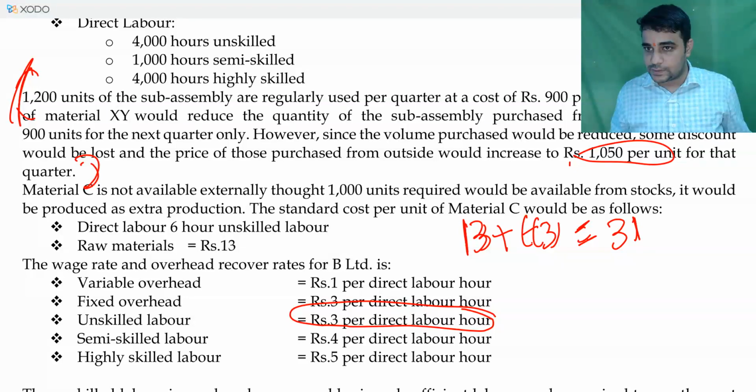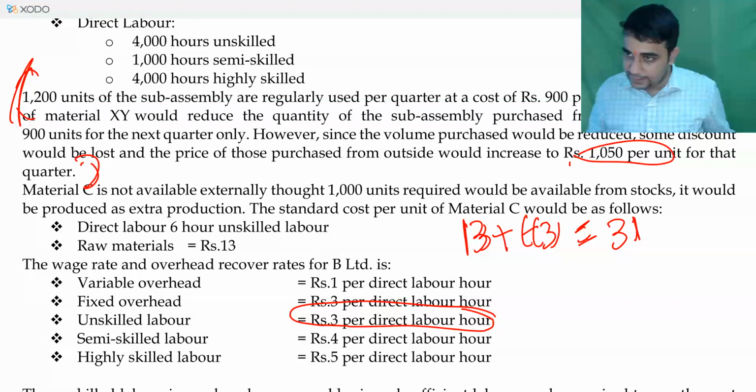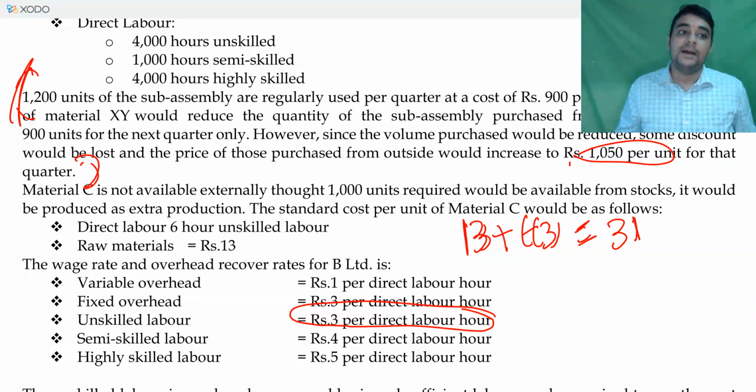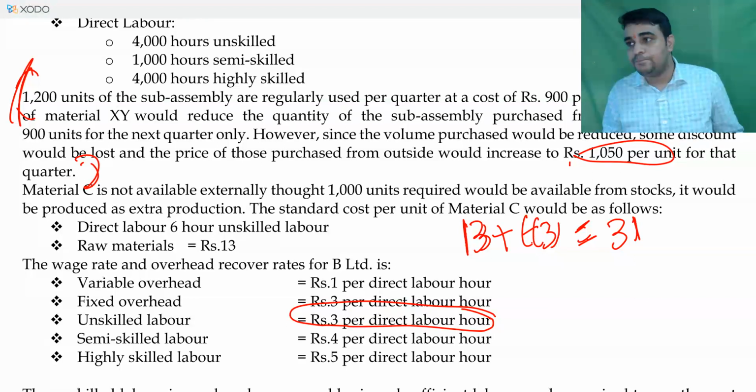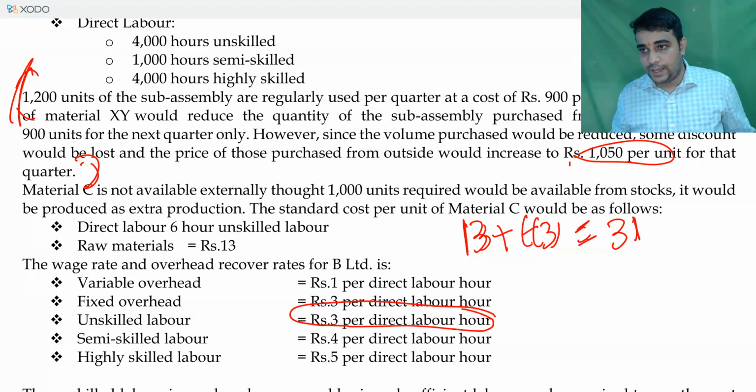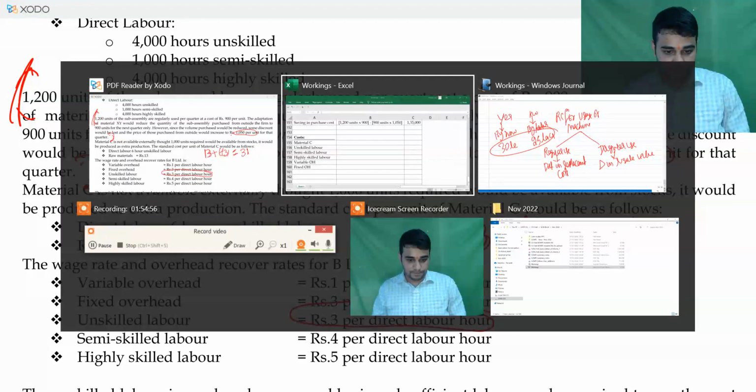Clear? Any doubts on this? It is not 13 plus 6 into 3. It is material plus labor plus variable overhead. Variable overhead will not be specifically given in the question. It's not mandatory for them to give this information.